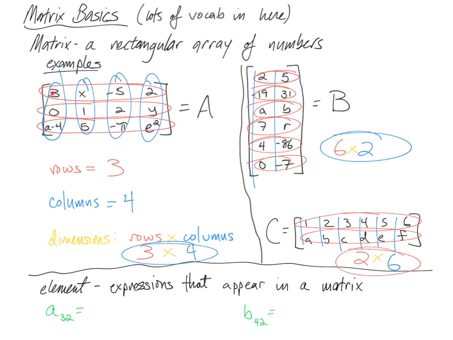So if we go to row 1, 2, 3 and go over to the second column 1, 2, this answer here will be 5. So again, we can do the same thing over here for matrix B, and I know we're working with matrix B because the lowercase b matches the capital B. We can go down to row 4 and go over to column 2 and find out that this one is R.